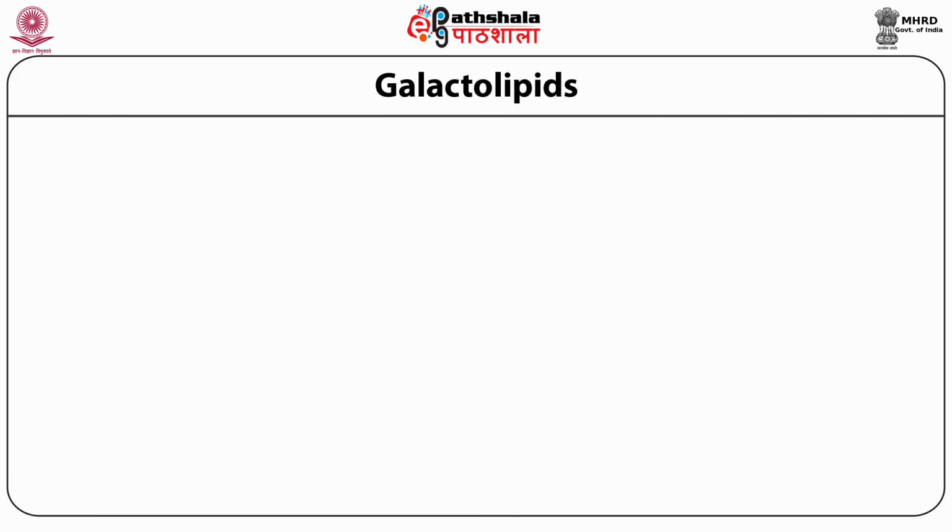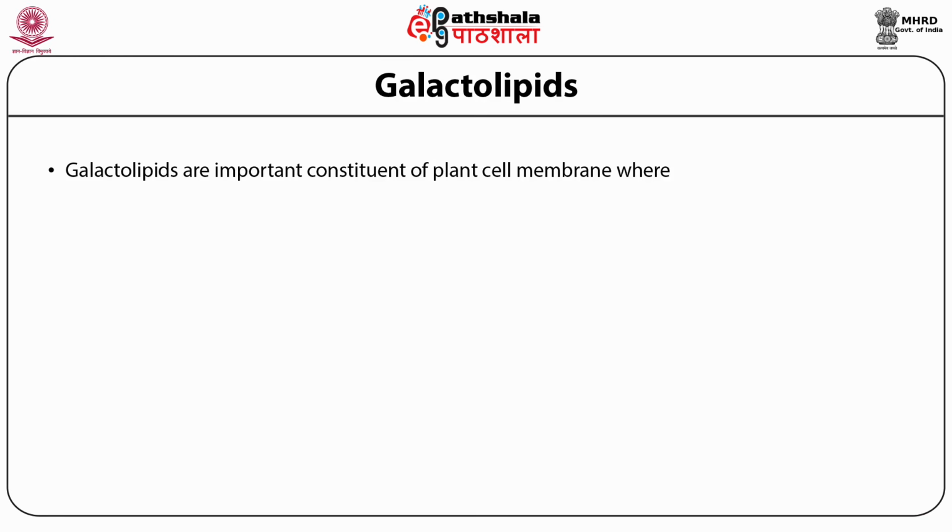Let's move on to another type of compound lipid, which are called galactolipids. Galactolipids are also important constituents of cell membranes, but they are predominantly present in plant cell membranes. So what do galactolipids look like?